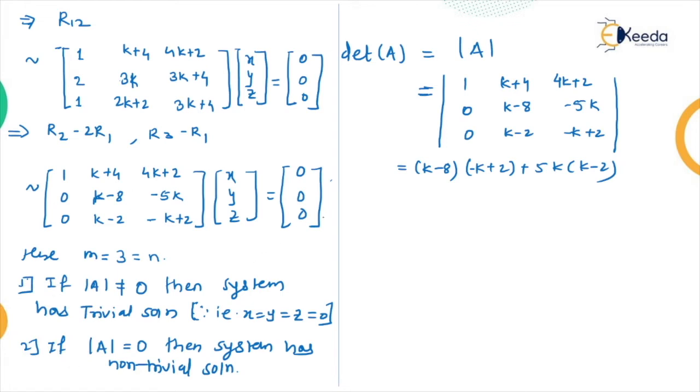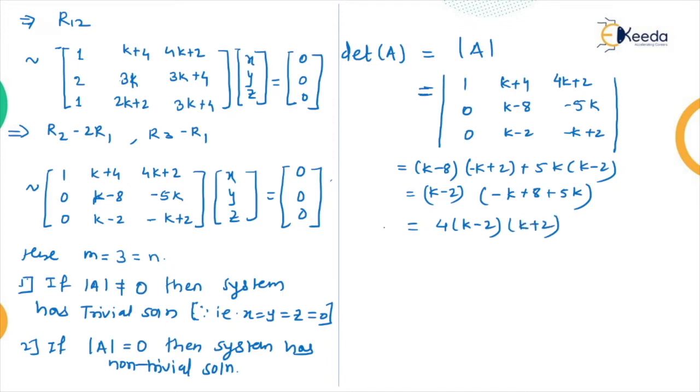And hence we can write k minus 2 as a common factor in all terms. So I am writing k minus 2 here as common. Now in the bracket remains minus k plus 8 plus 5k. Therefore you write this as 4 into k minus 2, and after simplifying we get k plus 2.